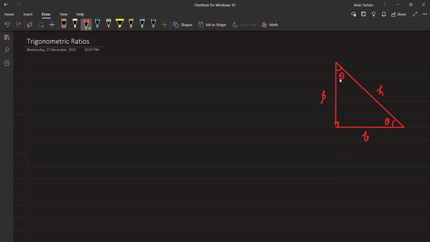If you change the theta, your perpendicular will become your base, and base will become your perpendicular. Hypotenuse will remain the same in both conditions, because 90 degree is fixed. Now only these complementary angles are changing. Yes or no? Clear? Yes, sir. Okay.